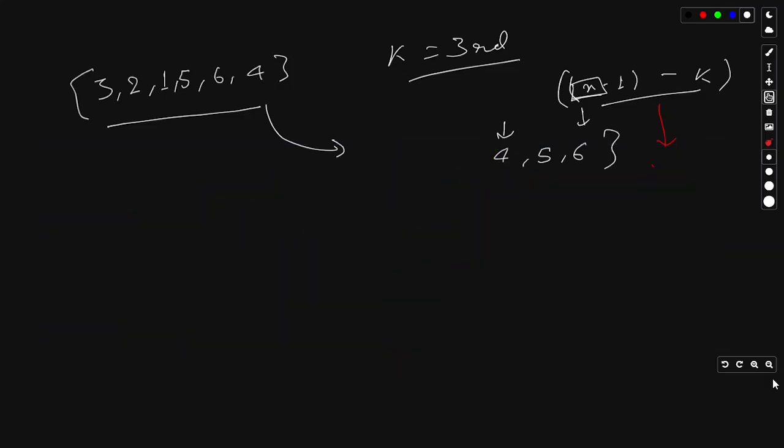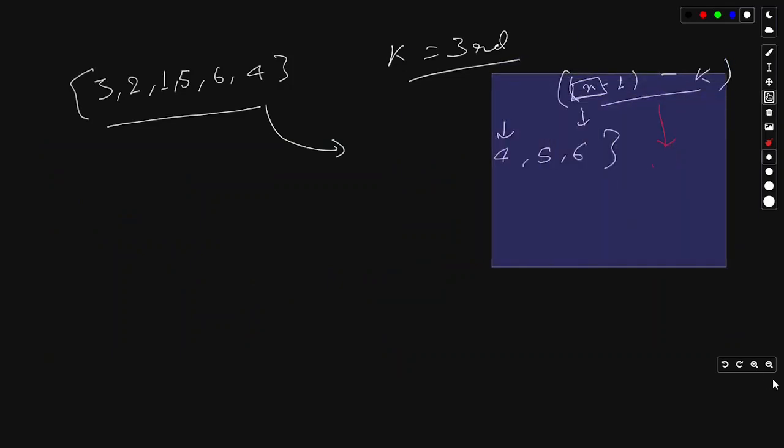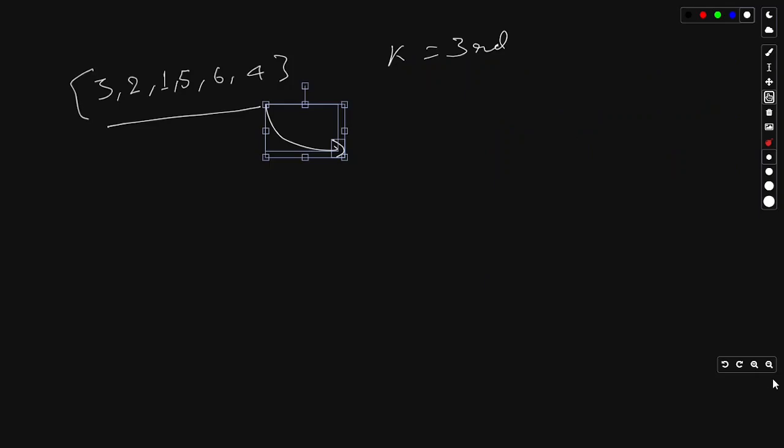Let me just erase everything that I've written over here. So for the second approach, let's see if we can come up with a different one. What we can definitely do is calculate the max element within this array.